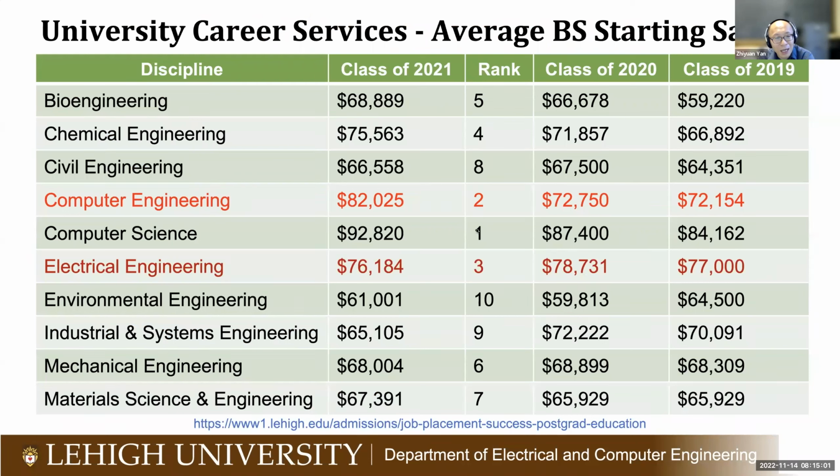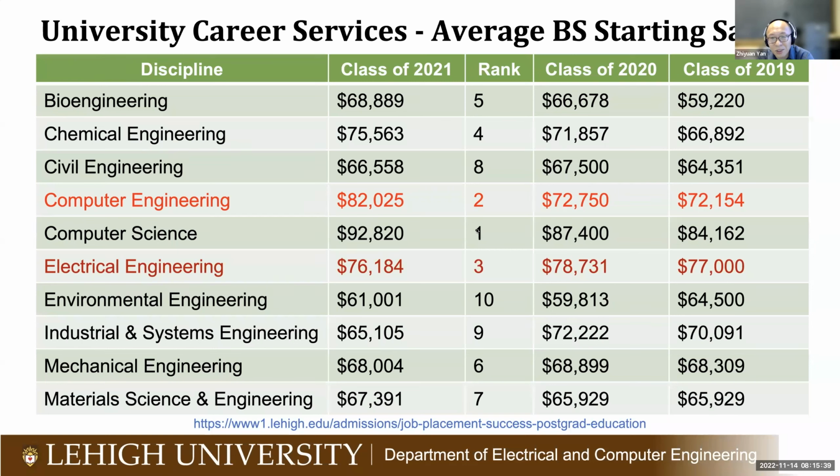So here I provided a very busy table. This lists the average Bachelor of Science starting salary provided by University Career Services for the past 3 years. The point I'm driving at is that computer engineering and electrical engineering have pretty much been among the most popular engineering disciplines in the college.